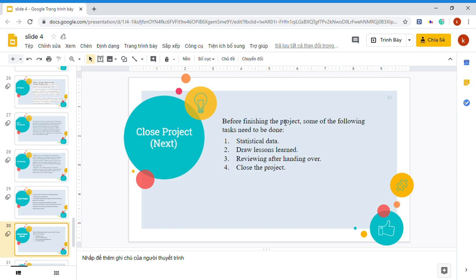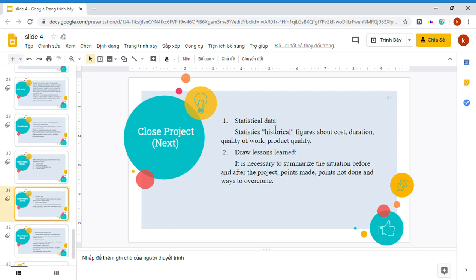Next, before finishing the project, sum up the following techniques to be done. One, certificate data. Two, draw lessons learned. Three, reviewing after handing over. Four, close the project.